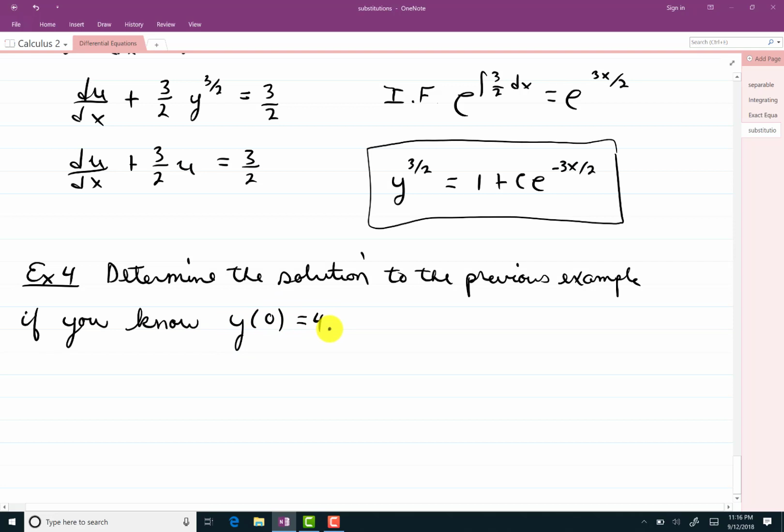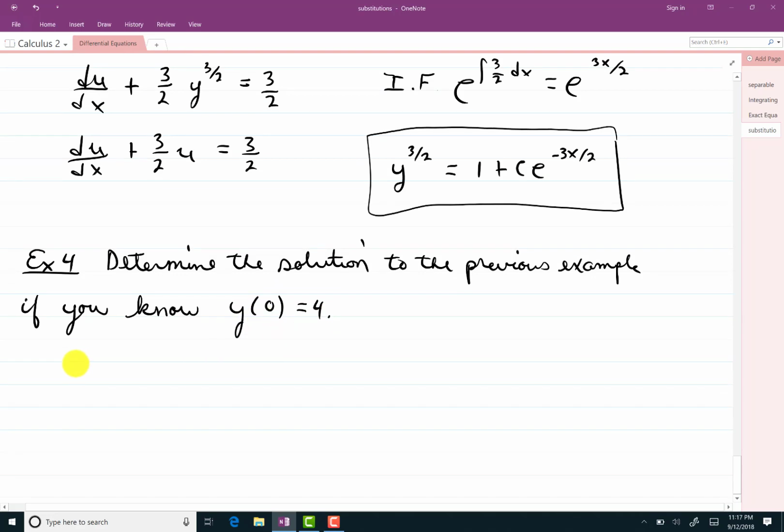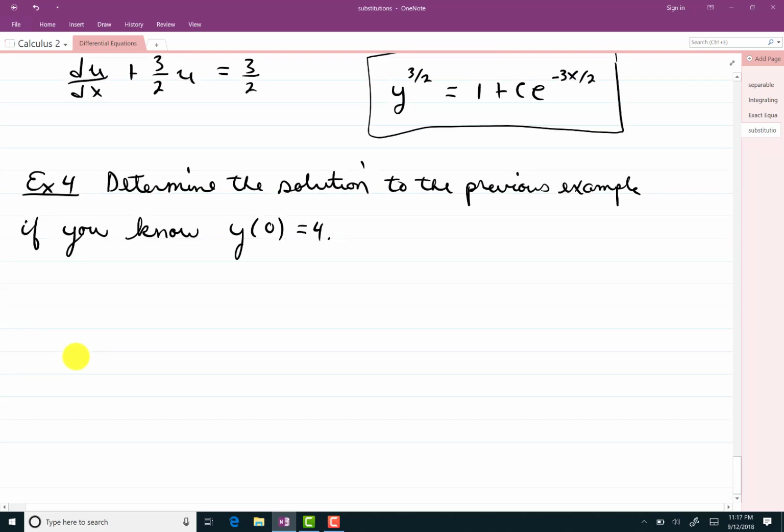So suppose you have this initial value given to you. Once again, I will leave this to you, and the equation will have the solution y to the 3/2. I mean, all you're going to do is replace c with a number. It will be 1 plus 7e to the negative 3x over 2.